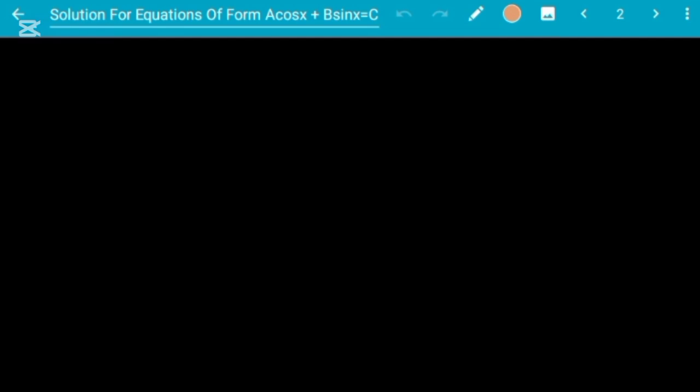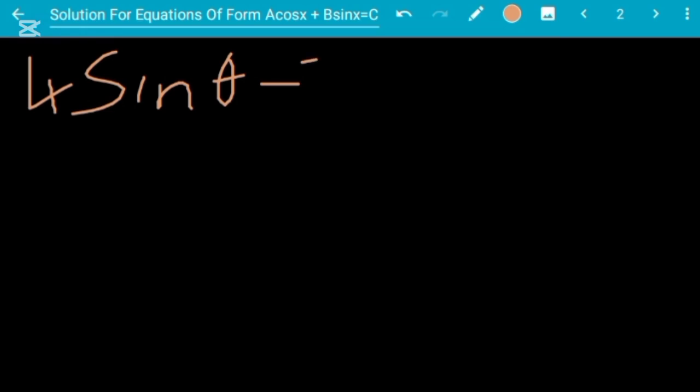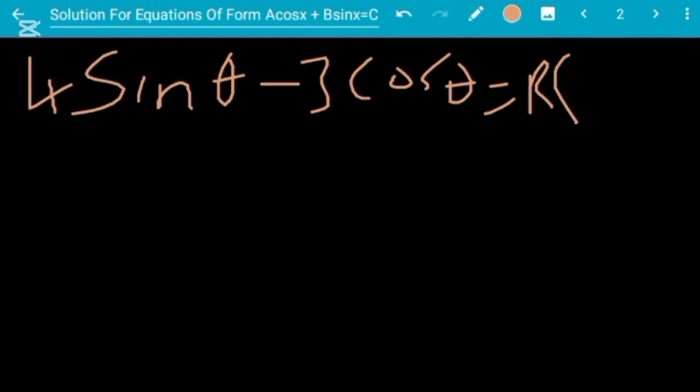The first one says that 4 sine theta minus 3 cos theta is equal to R sine, theta plus alpha.